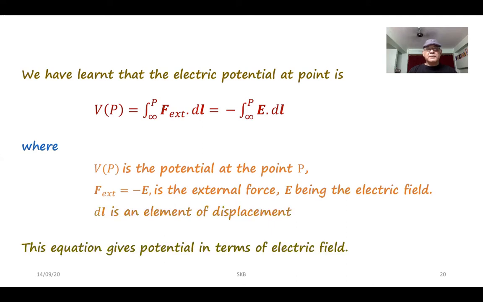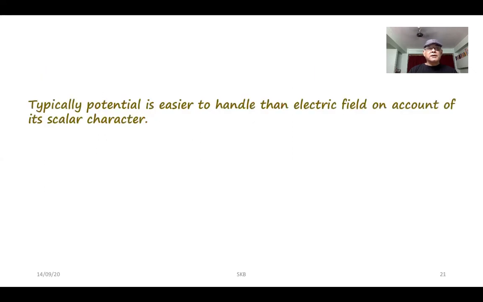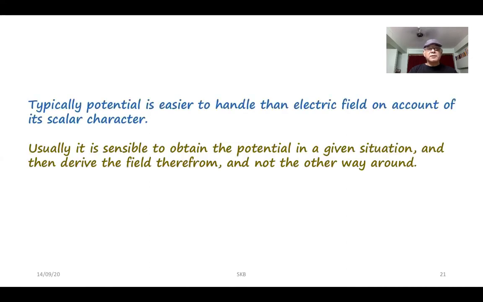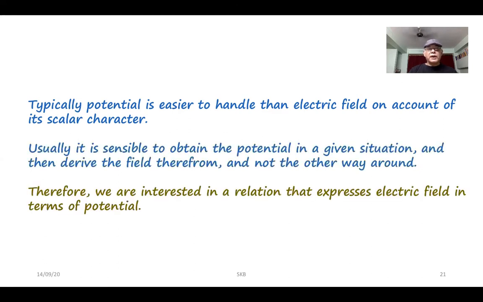This equation gives the potential in terms of electric field. Typically, potential is easier to handle than electric field on account of its scalar character. Usually, it is sensible to obtain the potential in a given situation and then derive the field therefrom, and not the other way around. Therefore, we are interested in a relation that expresses electric field in terms of potential.